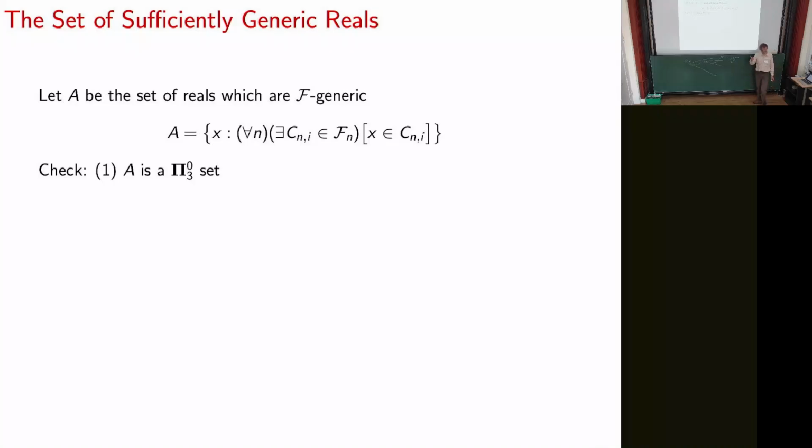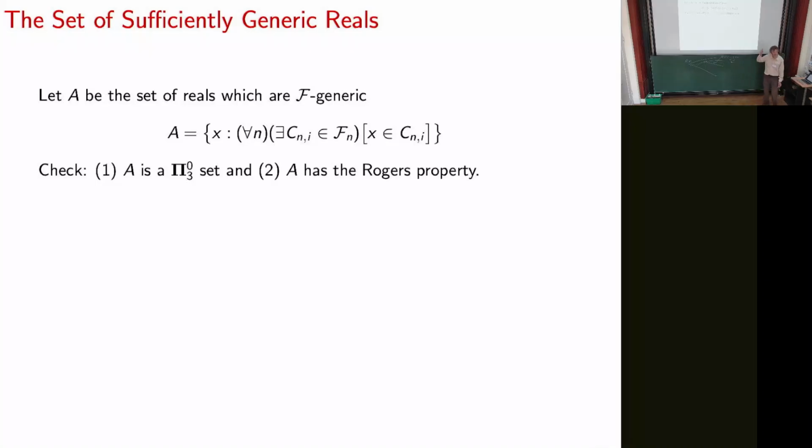X is an element of a closed set is a Π01 property. So for all X, there exists an n and an i such that a Π01 property holds. That's a Π03 set. So that's a simple Borel sign.